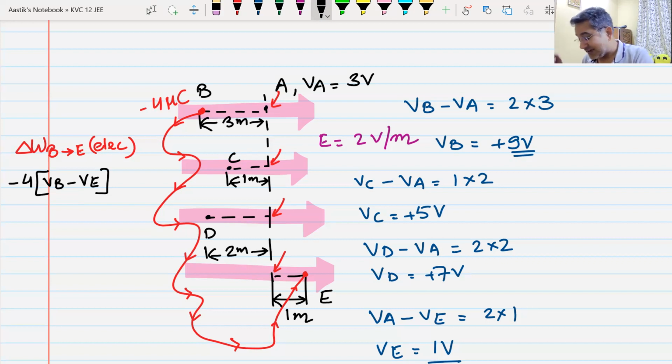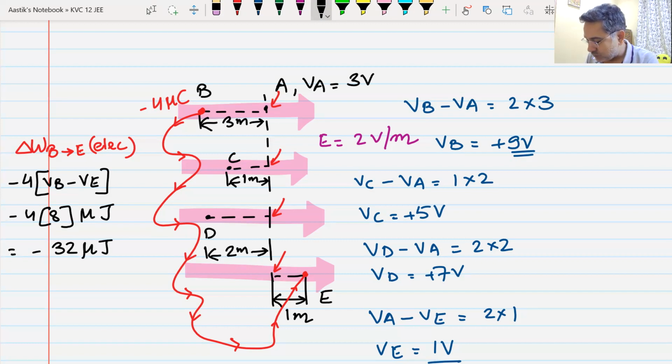So 4 into 2, 8. So minus 4 multiplied by 8 microjoules. That should be your answer. Minus 32 microjoules. I can write mu for micro. Microjoules. That is the answer.